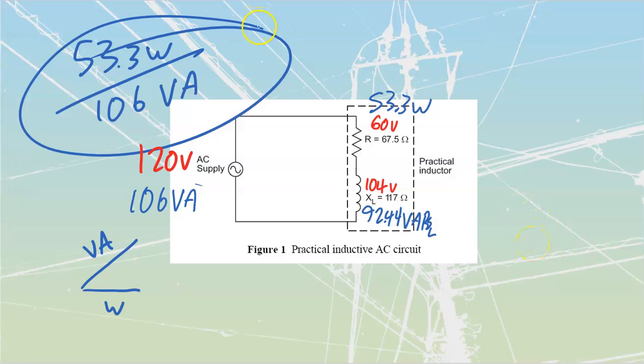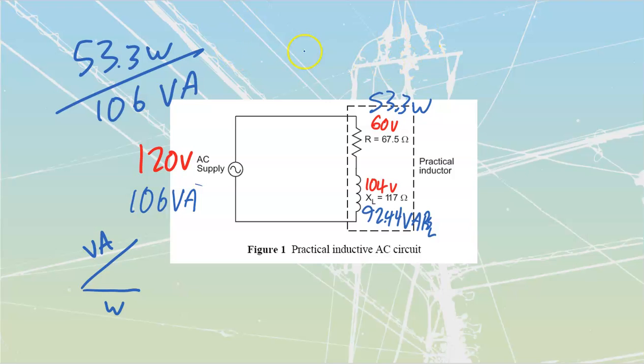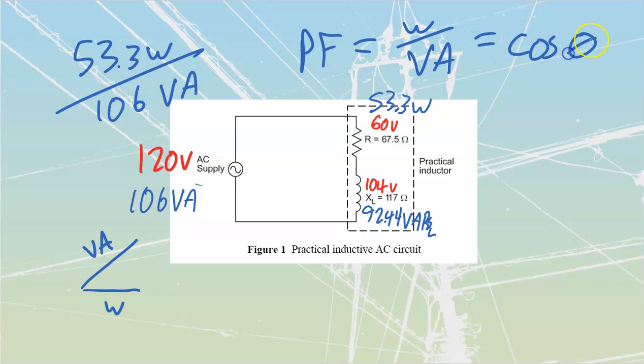The last thing that I should point out is that if power factor is equal to my watts over top of my VA, which is also equal to the cos of my angle, then if I take the inverse cos of my power factor, that should give me my angle, right? So if I go cos^-1 of my power factor, that should get me theta over there.